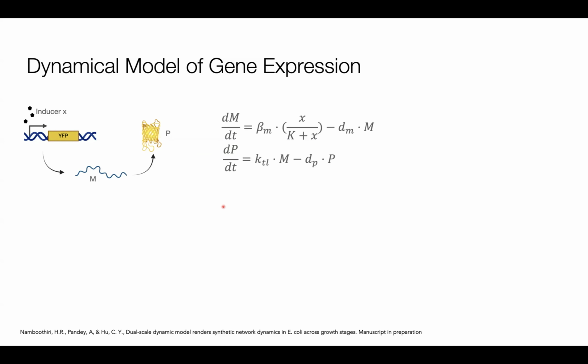Now we can describe this process with two differential equations. It's very easy. You have a transcription rate, an mRNA degradation rate, a translation rate, and a protein dilution rate, and you just have two species, M and P. When I was in grad school, I learned that if you put an SsrA tag into your gene for the YFP, it will get tagged for degradation.